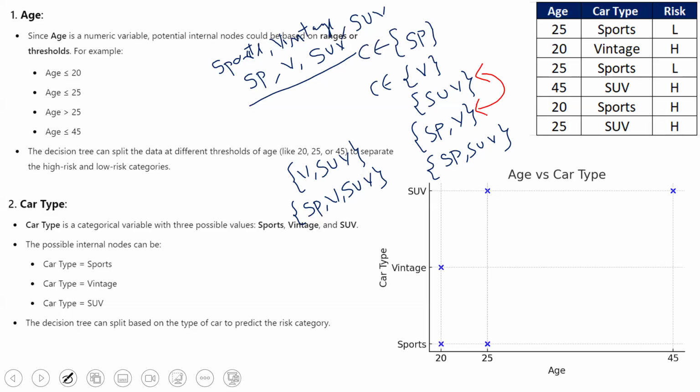These two are opposite, right? These two are quite opposite. So you can say it belongs to sports and vintage or doesn't belong to SUV. You can write it that way, right?